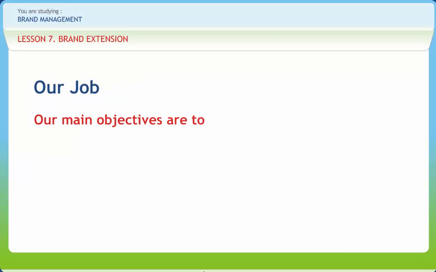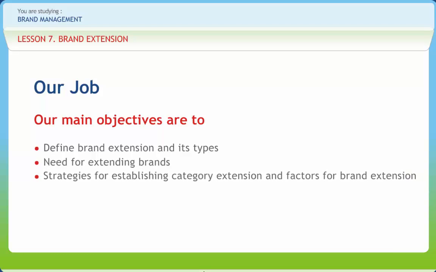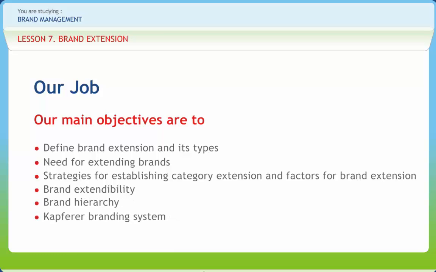After going through this presentation, you should be able to define brand extension and its types, and also the need to extend brands, explain strategies for establishing category extension and factors for brand extension, discuss brand extendability, brand hierarchy, and CAFERER branding system, and also identity management and brand equity.